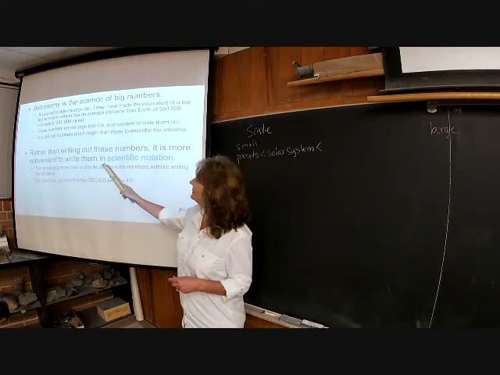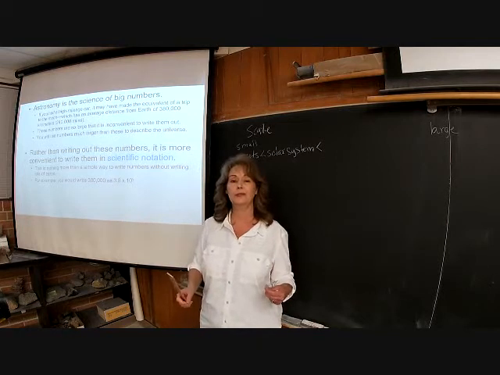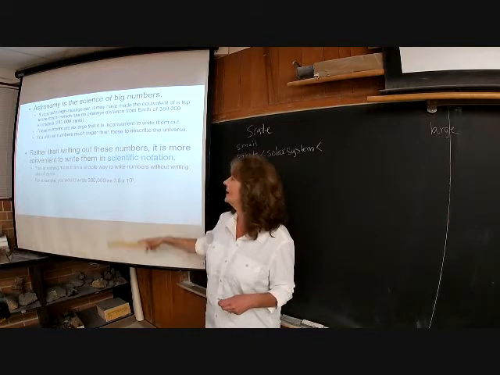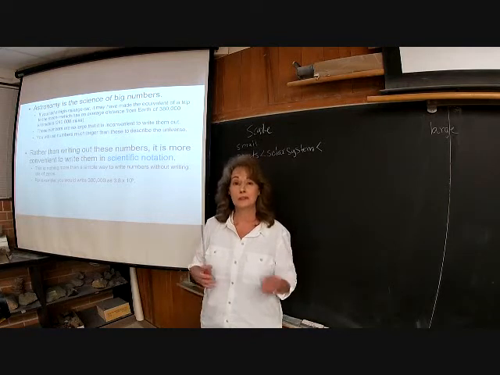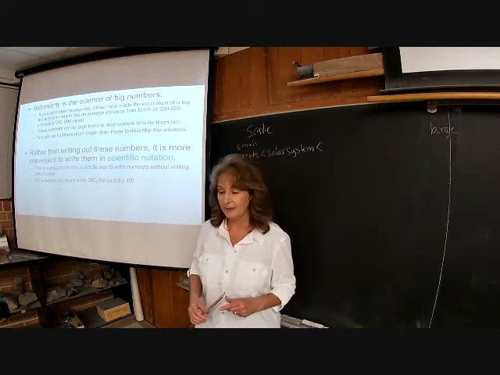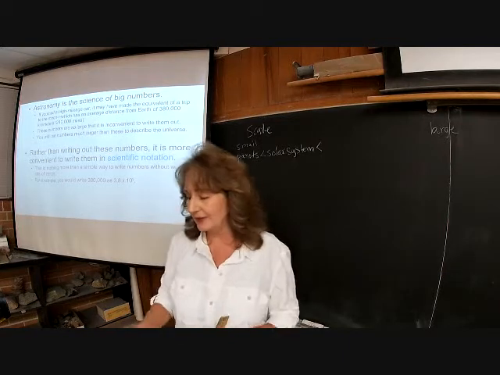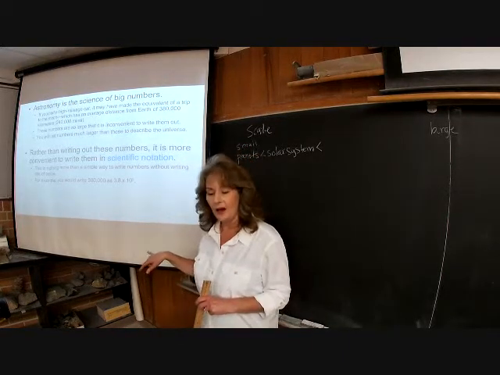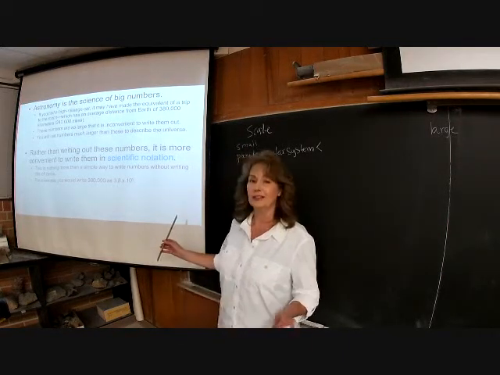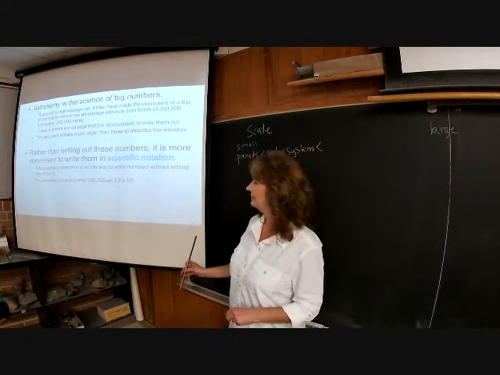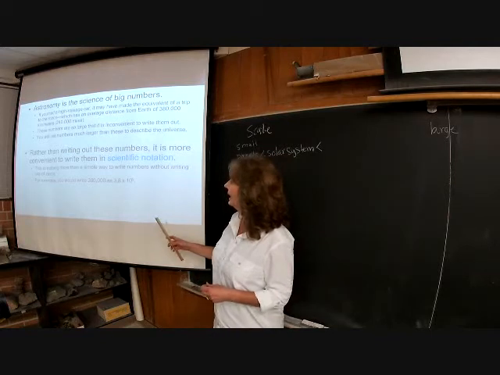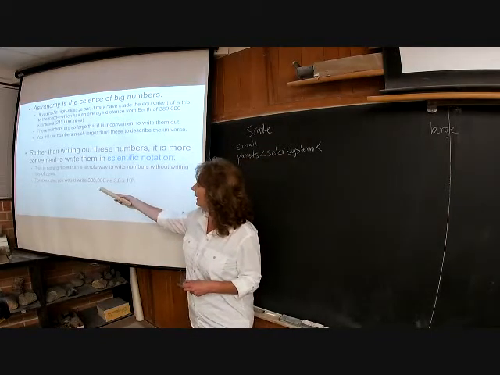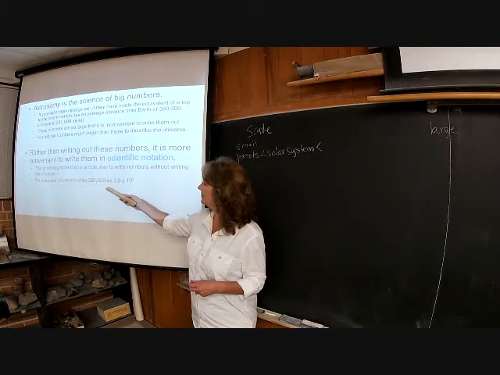So rather than writing out all those zeros, we have a method of using scientific notation. It really helps us simplify our numbers. I have a few examples, even a few more than what they have. They just give you one example. I'm going to give you a few more to make sure we can handle scientific notation. So for example, they have that number 380,000.